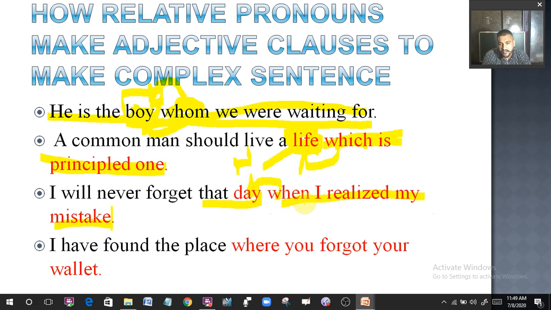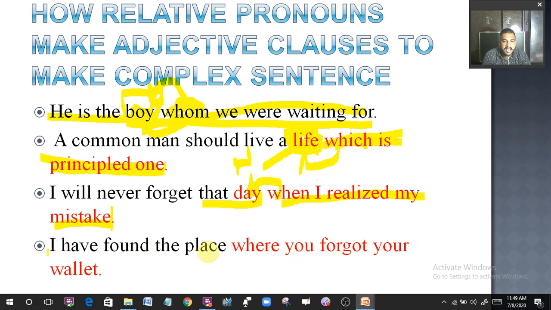Which day? When I realized my mistake. So when we get the answer describing the noun, then that particular clause is an adjective clause, and the sentence would be a complex sentence, because adjective, noun or adverb clauses are subordinating clauses, and we need a principal and a subordinate clause to make a complex statement.